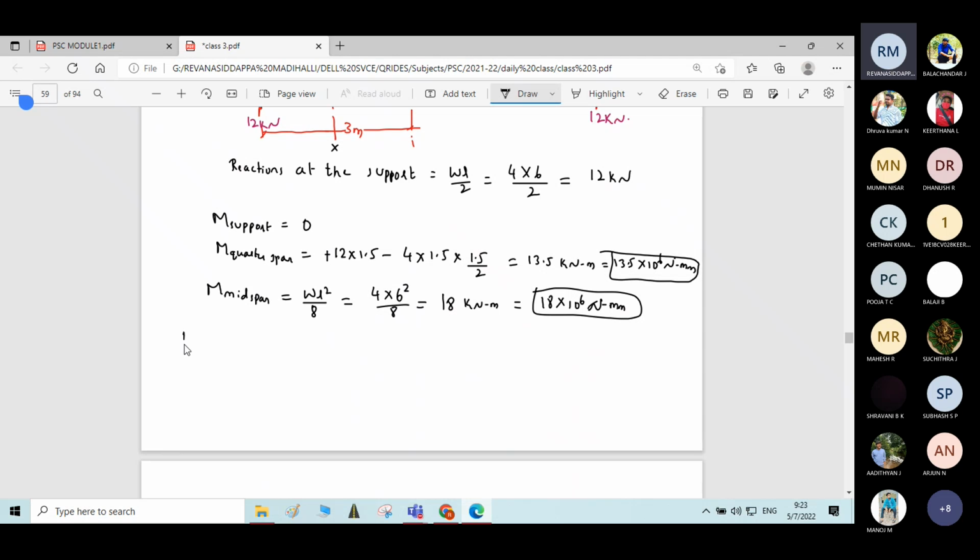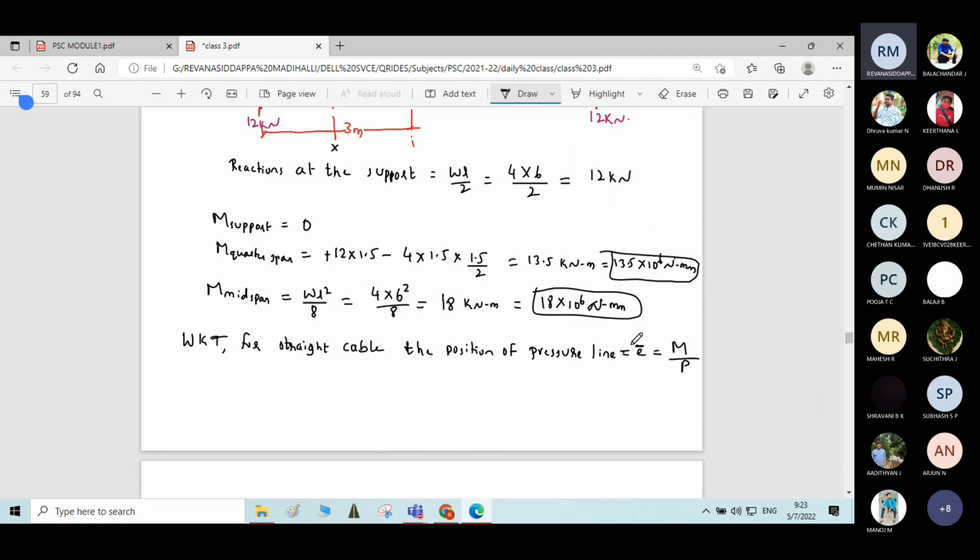Okay. We know that for straight cable, the position of pressure line e is equal to M by P. E bar, let me call it as E bar because e represents eccentricity.